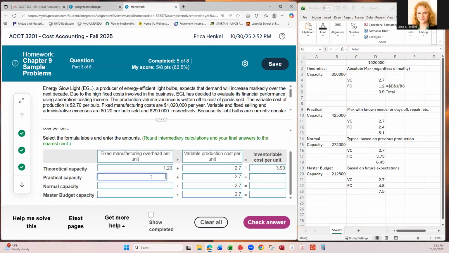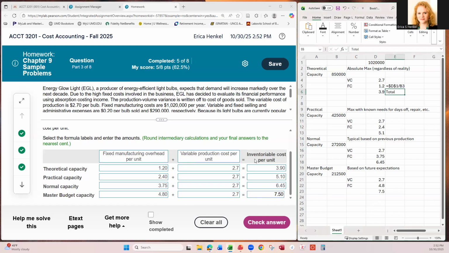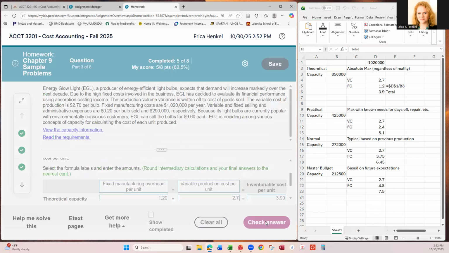All right, so here we've got 2.40, 3.75, and 4.80. Okay. All right, so that's our first section for this one.